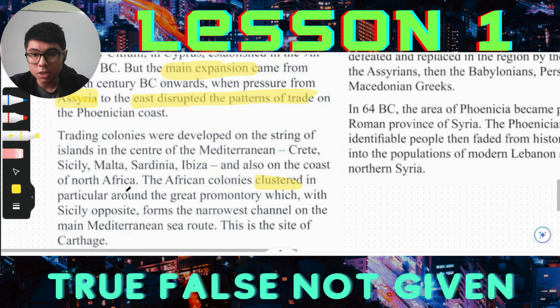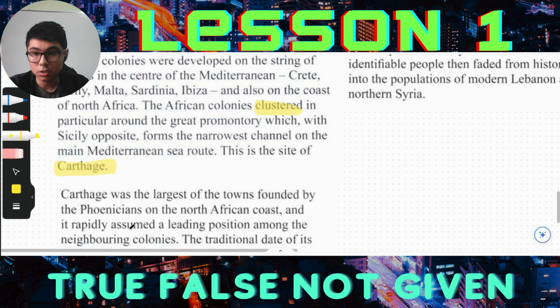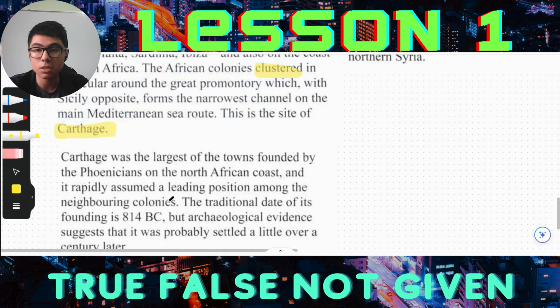Yeah, in particular around the Great Promontory, which with Sicily opposite forms the narrowest channel on the main Mediterranean sea route. This is the site of Carthage. Yeah, Carthage was the largest of the towns founded by Phoenicians on the North African coast, and it rapidly assumed a leading position among the neighboring colonies.